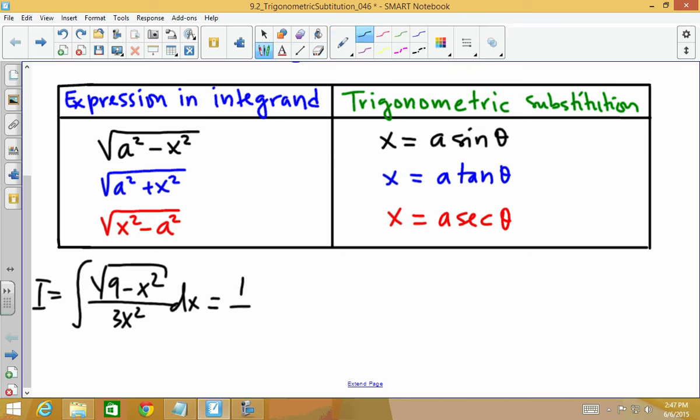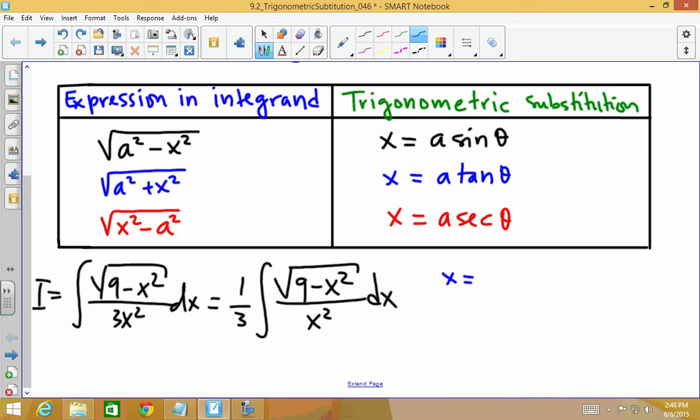So I is 1 over 3 integral of square root of 9 minus x squared over x squared dx. Now let's go with the substitution. Say x is equal to a sine theta. A squared is 9, so a is 3, so x is 3 sine theta. That means dx is equal to 3 cosine theta d theta, the derivative of sine theta.